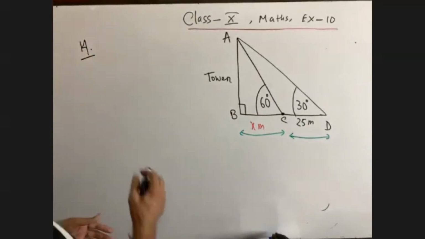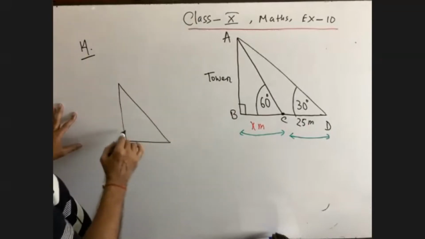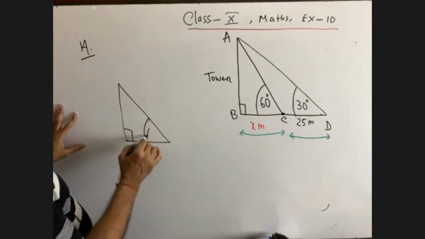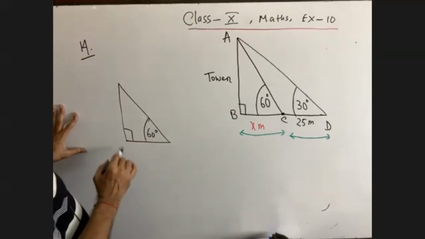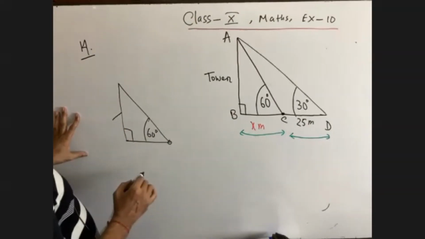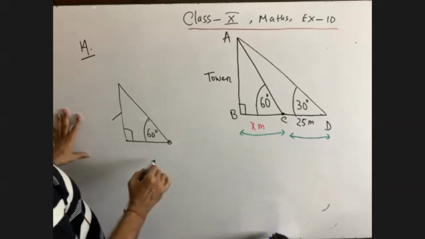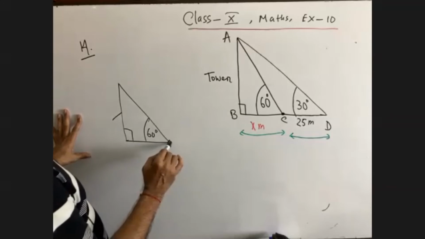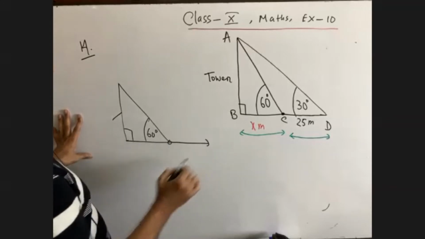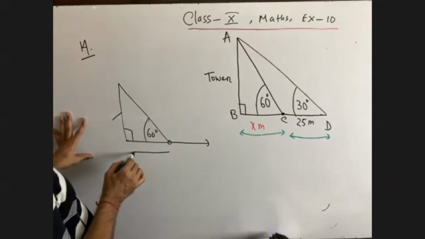I repeat. Suppose this is 60 degrees, and it is told this is a tower. From this point, if 25 meters is moved in the backward direction, meaning in this direction, and if it was forward, we would come in this direction.